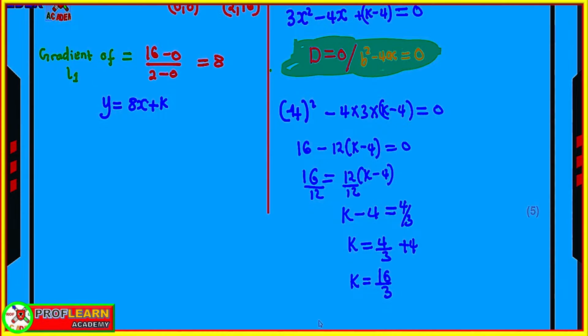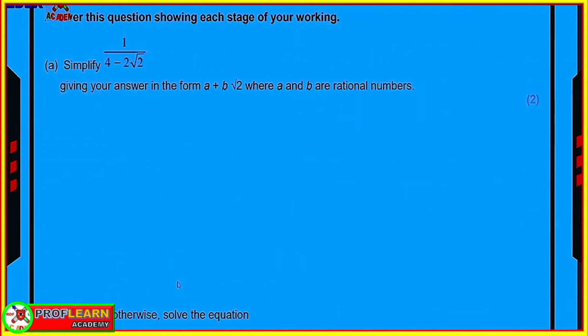All right, I believe you have understood. We can now write the equation of L2 because we have already gotten the value of k. And then now we can move on to the next topic, which I think that you really need to prepare.